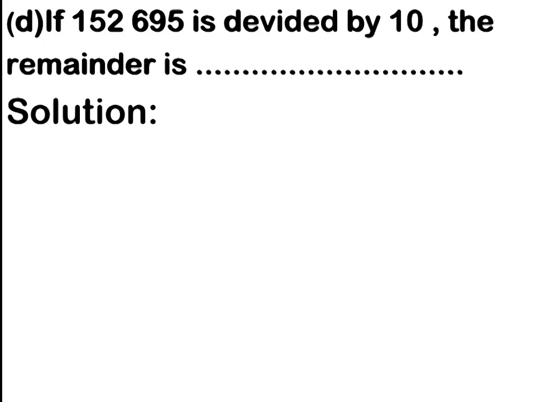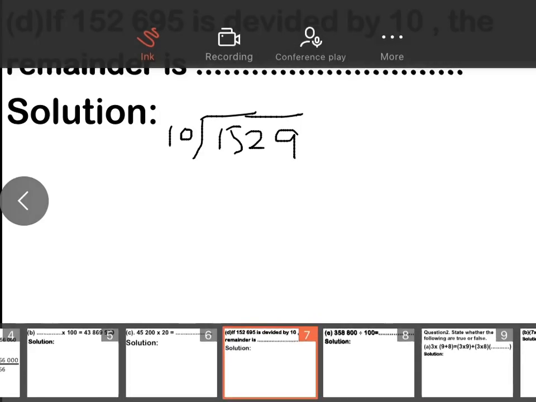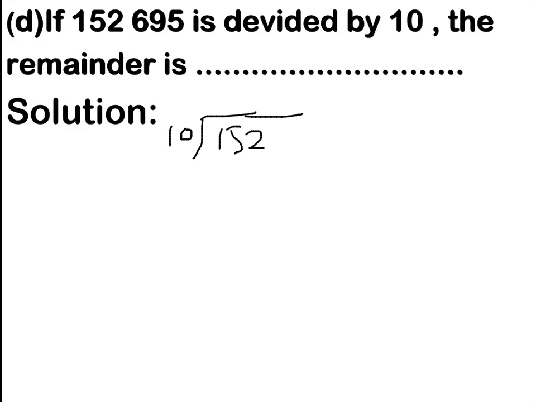Now part D. The value of part D is: if 158,695 is divided by 10, the remainder is. Now we will divide. We will check by dividing the value. 10 1s are 10.